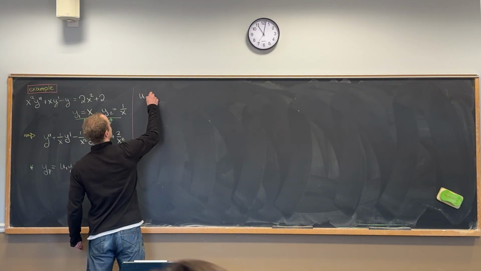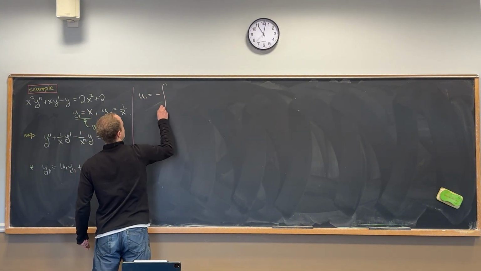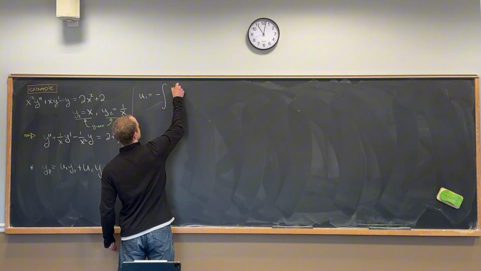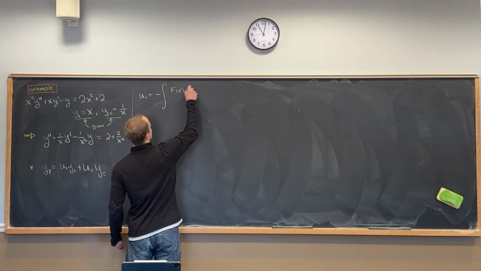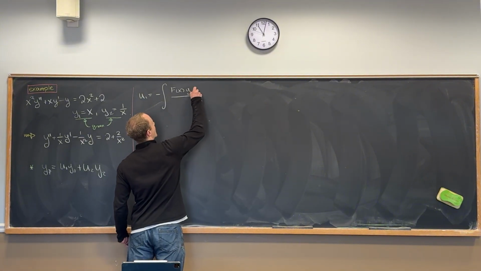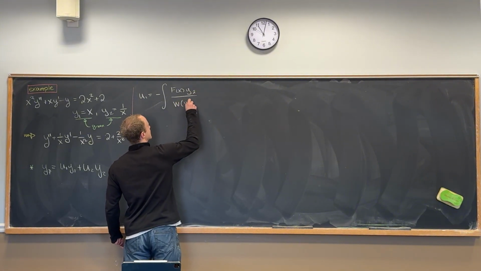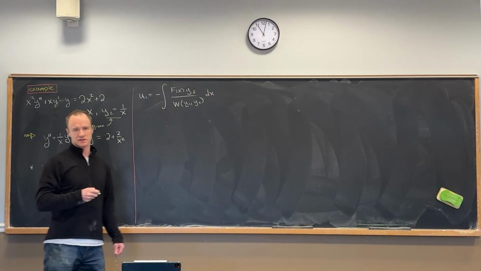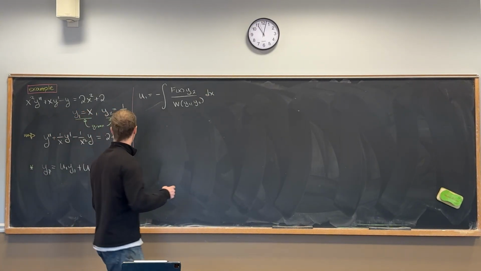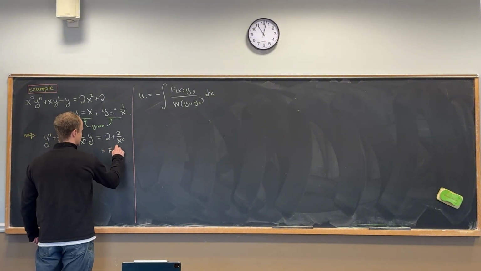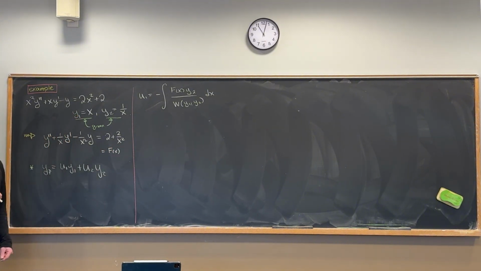So u1 was equal to negative the integral of, and I'm just going to write this down in all of its glory, f of x times y2 over the Wronskian of y1 and y2 dx, right? Does that look semi-familiar? And f, I should say, is this function over here on the right-hand side.